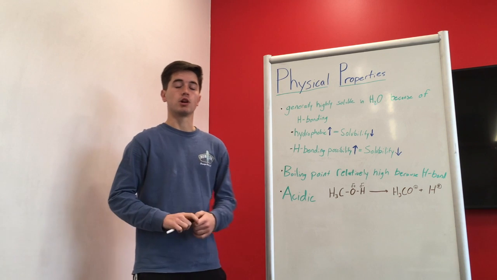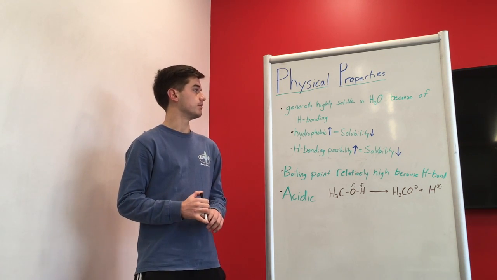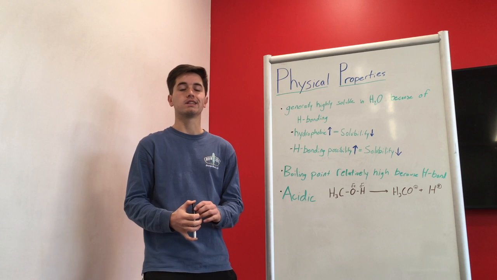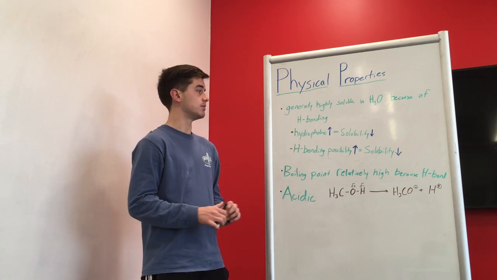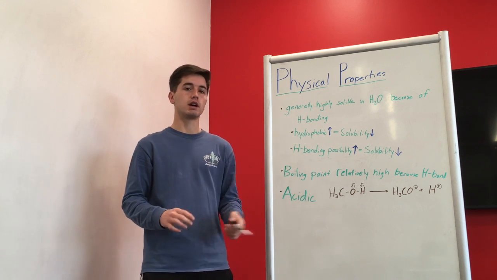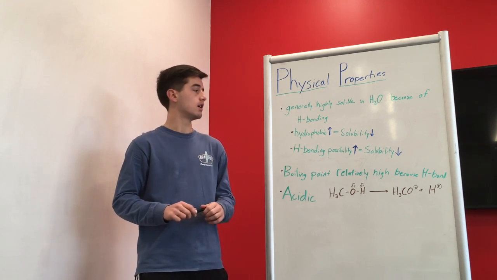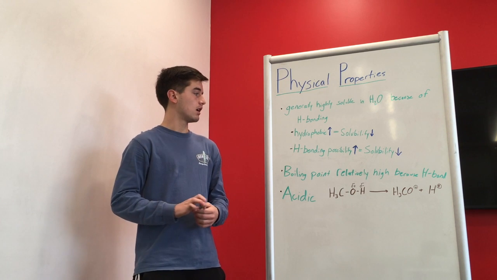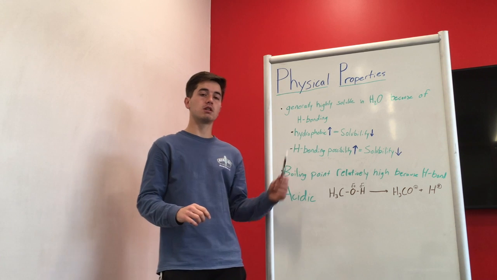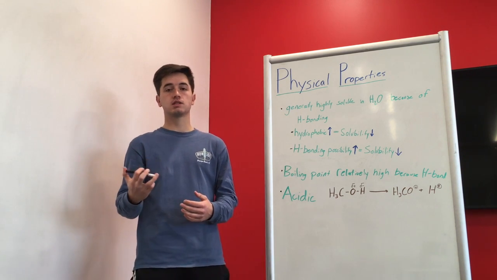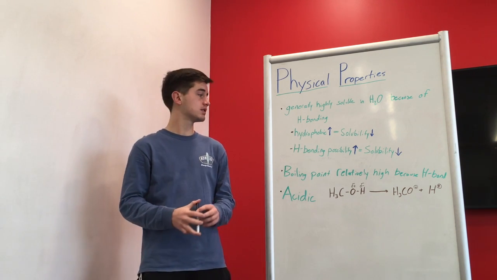So next we look at the physical properties of alcohols. First off, they're generally very highly soluble in water because of their capability to accept hydrogens and donate hydrogens because of their H bonding. Some parts that play into their solubility is their hydrophobic area. If their hydrophobic area increases, then their solubility will decrease.